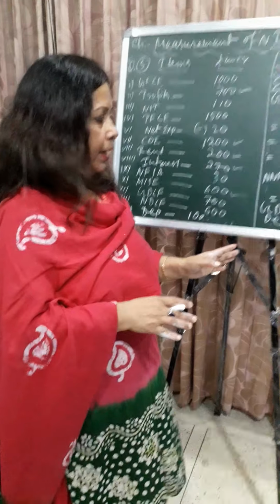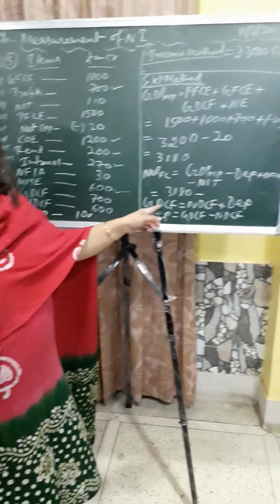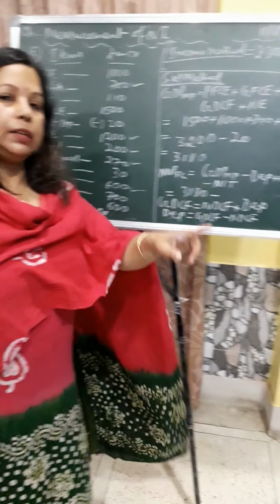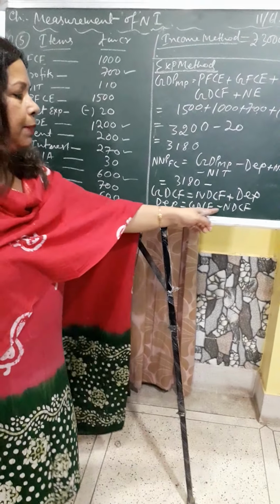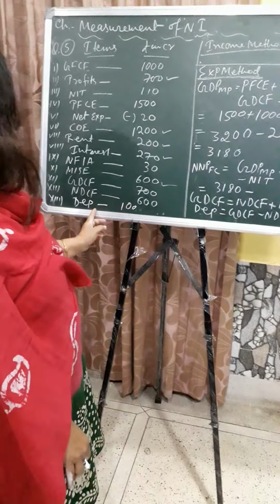Understood how to calculate depreciation? Because GDCF and NDCF values are given, and GDCF is NDCF plus depreciation, so depreciation will be GDCF minus NDCF, which is 100. You put the value, depreciation 100.